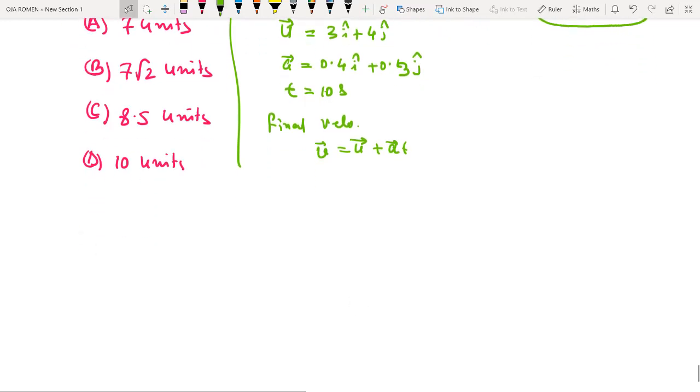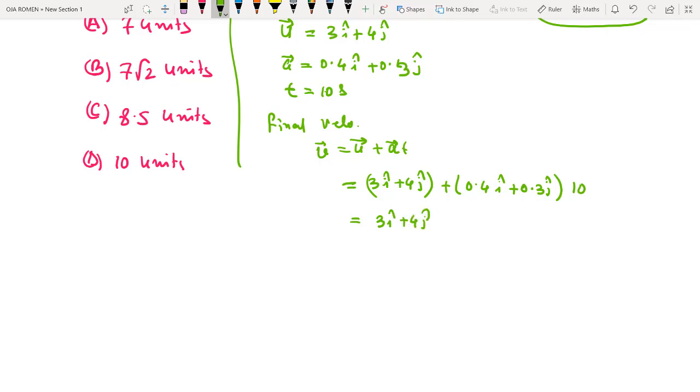So v is equal to 3i plus 4j plus (0.4i plus 0.3j) times 10. So this is 3i plus 4j plus 4i plus 3j.